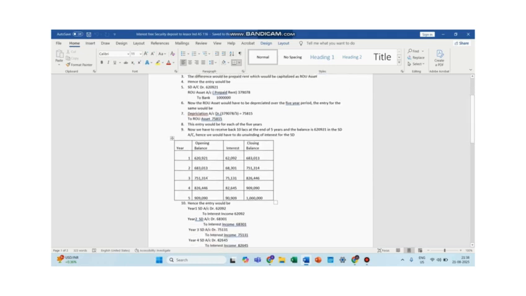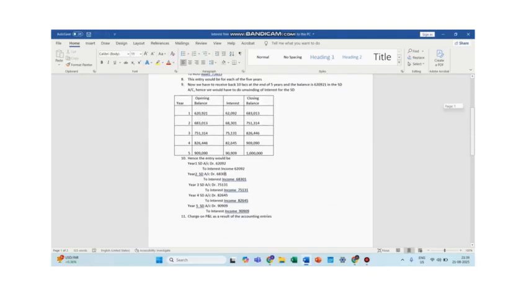Year 1 would be SD account debit 62092 to interest income 62092. Year 2 would be SD account debit 68301 to interest income 68301. Year 3 would be SD account debit 75131 to interest income 75131.